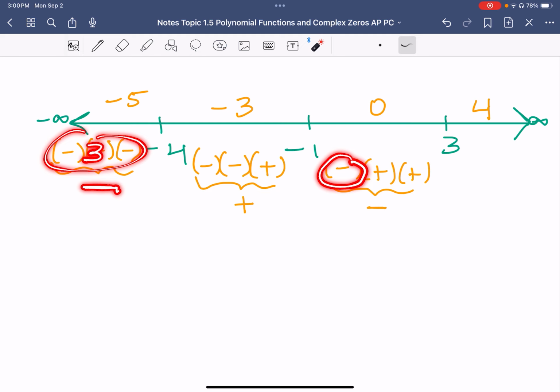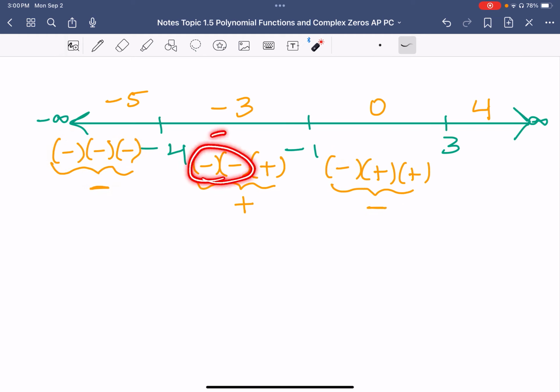Here we had 1 negative, and that's still an odd number, so that's why it still ended up being negative. If you have an even number of negatives, so here we had 2, that means that it's going to be positive. So an odd number of negatives will stay negative, and an even number of negatives will be positive. Okay? All right, last one.